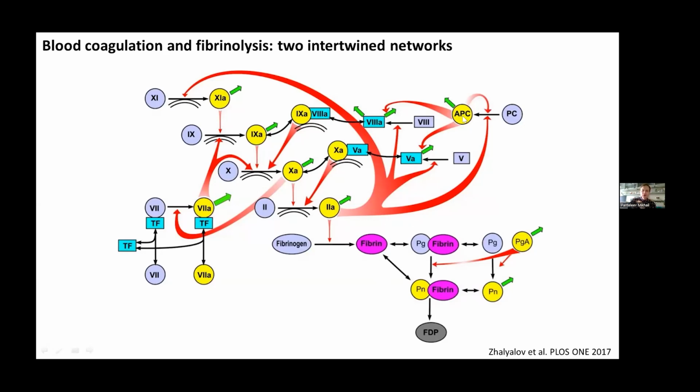Essentially, as a result of the blood coagulation network, you have fibrin, which is actually the clot, that binds plasminogen that can be stimulated by plasminogen activators, leading to transition of plasminogen into plasmin and cleavage of fibrin.